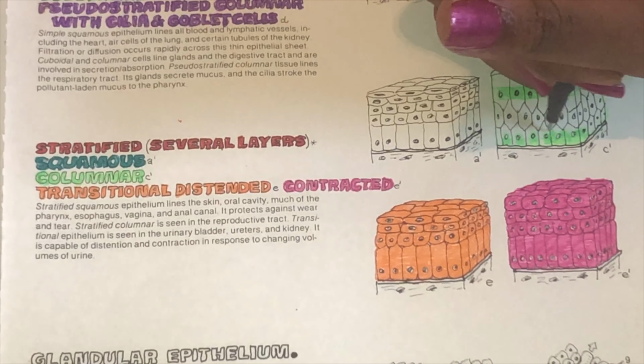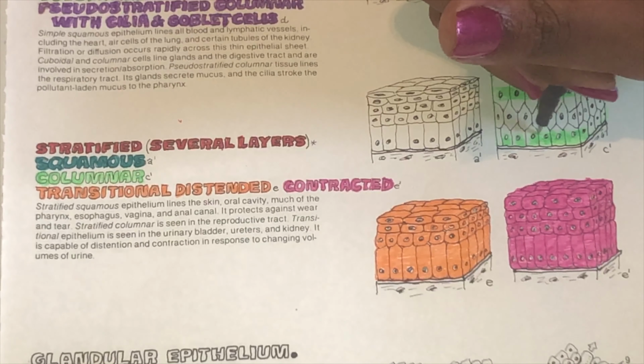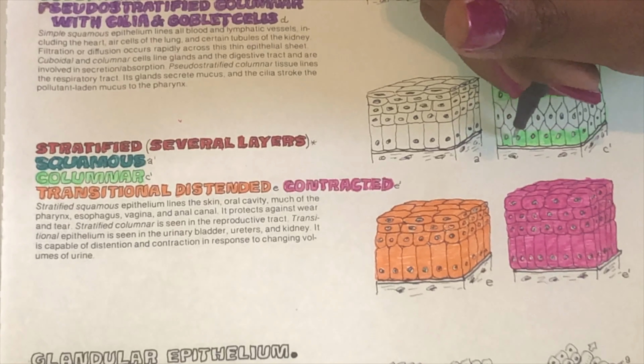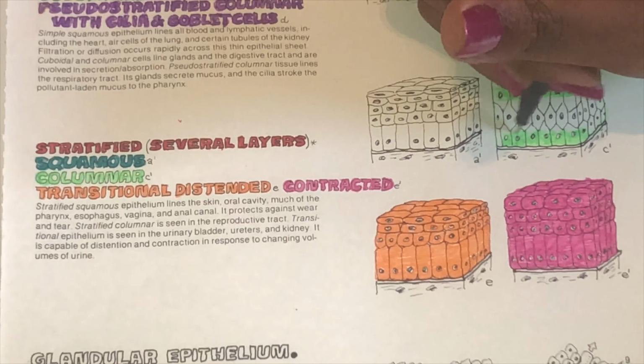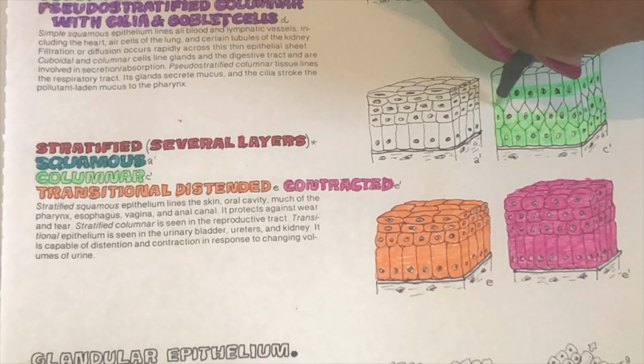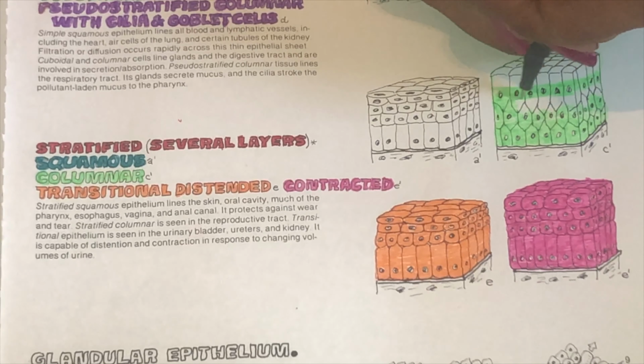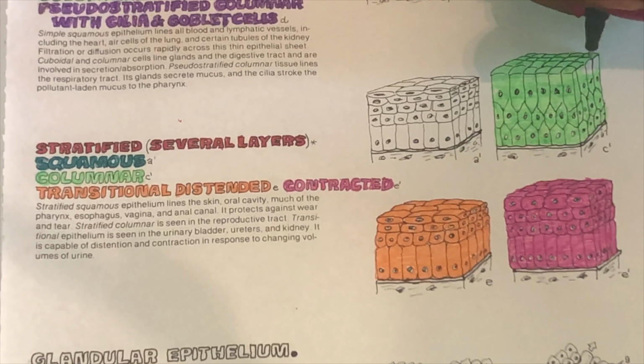Columnar C1, we're going to color in this green color, which is a different shade of green compared to the columnar in the other illustration above that was colored in a darker green. And remember, this one consists of more layers, so to differentiate, I changed shades of green.